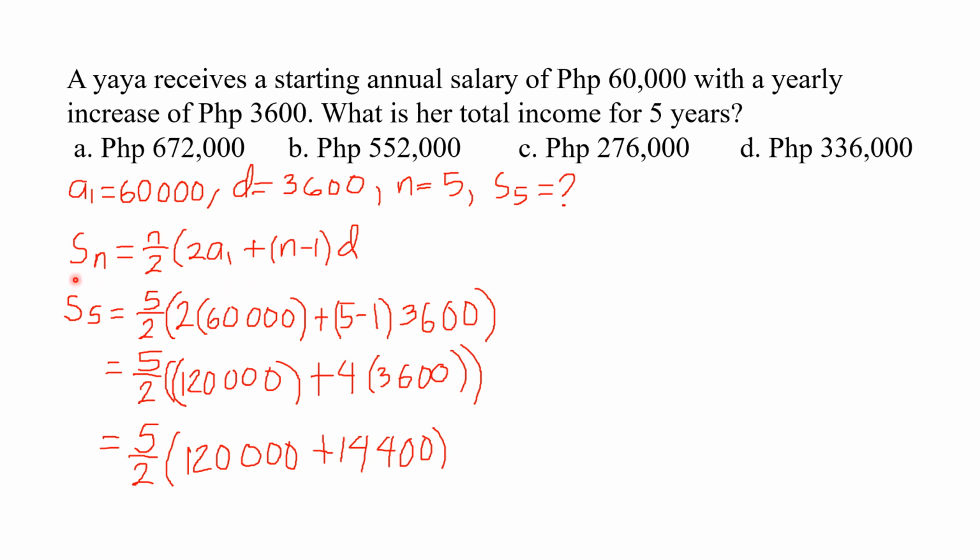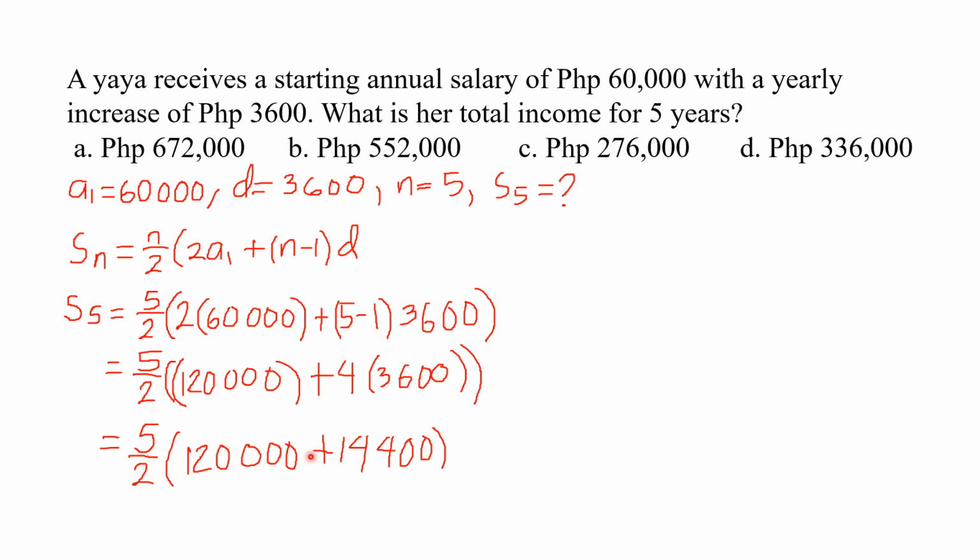Using the formula, S of n is equivalent to n over 2 multiplied by twice a plus n minus 1 multiplied by the common difference. So our n is 5 divided by 2, and the value of a is 60,000. And then n minus 1 is 5 minus 1, that is 4, multiplied by the common difference, 3,600. Simplifying, we bring down 5 over 2, and then 2 times 60,000 is 120,000, 5 minus 1 is 4, and we bring down 3,600.